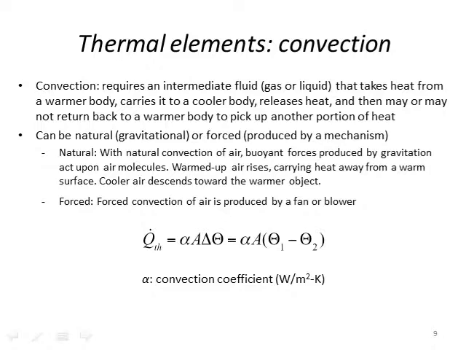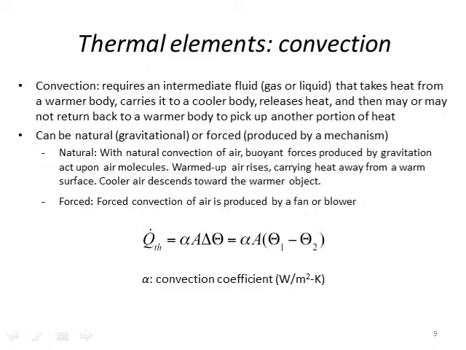Now the general expression is Q dot TH equal to alpha A times the difference in temperature between theta 1 and theta 2. Theta 1 would be your heated surface, and theta 2 will be your ambient temperature.